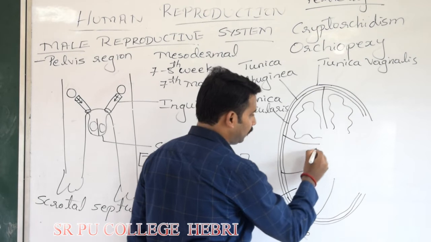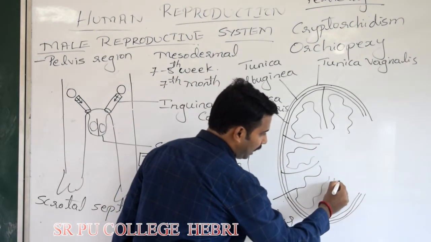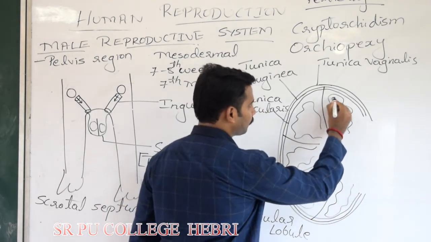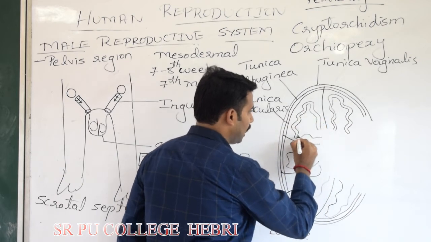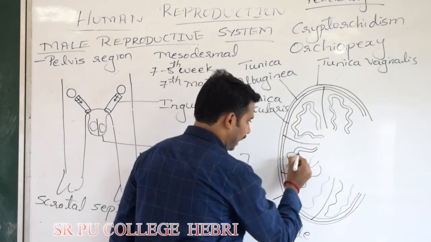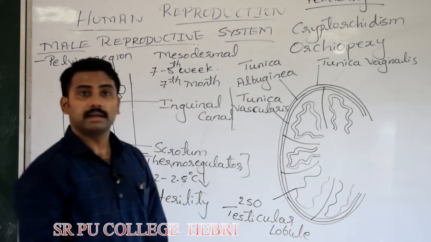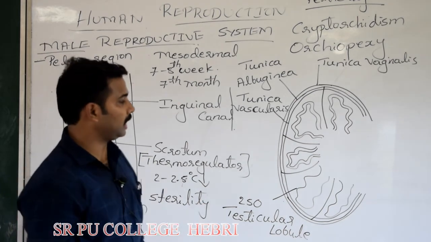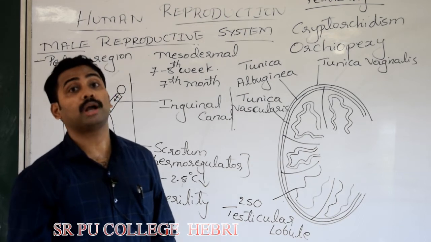Now, inside each testicular lobule, nothing but compartment, you will find 1 to 3 highly coiled tubes visible. The number is not fixed. Let me make it tube-like. How many? 1 to 3 highly coiled, or I can say convoluted. We used this term in the kidney: PCT, DCT, proximal convoluted tubule, distal convoluted tubule. What do you mean by convolution?